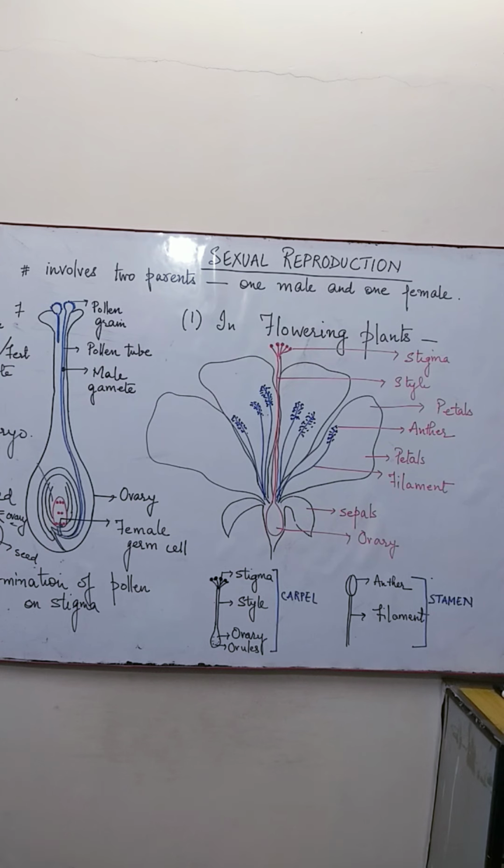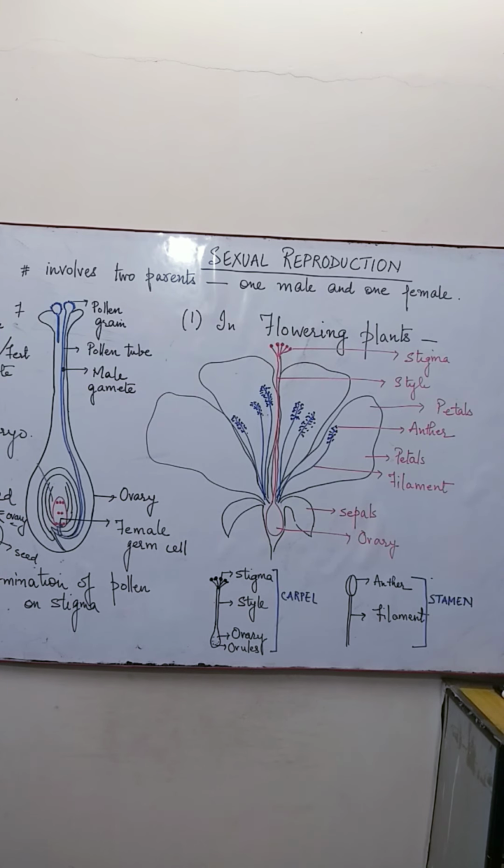Now, as soon as fertilization is achieved, the flower parts, that is the sepals, the petals, the stamen and style, wither off. That means they fall off because the main purpose of the flower has been achieved, and that was fertilization.